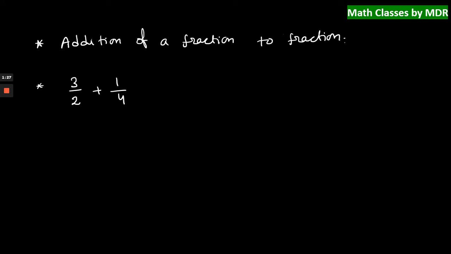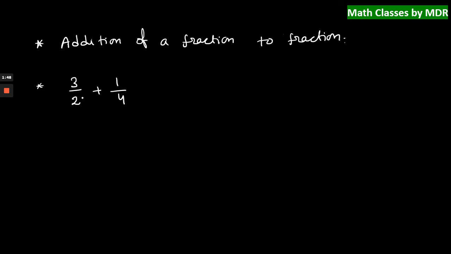So I can add these two fractions in 3 ways. First thing is that we know that when we have the same denominators, that means in both the fractions the denominators are equal, we can add the numerators, right?